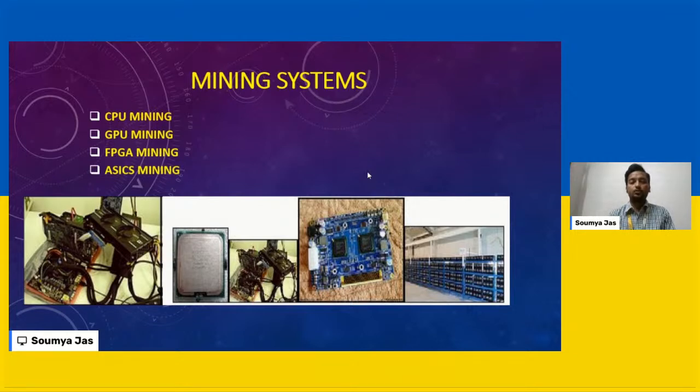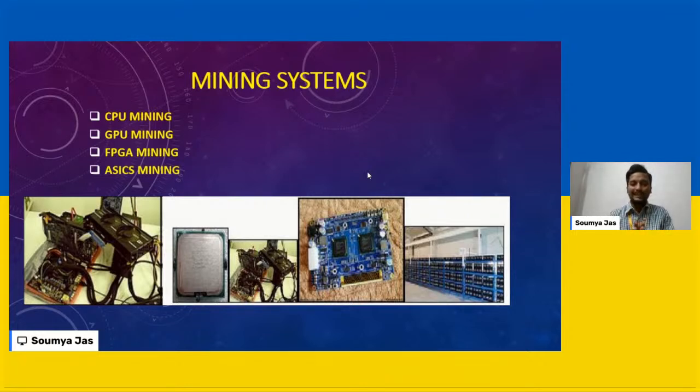bitcoins. CPU mining is no longer used, and now more advanced mining methods such as ASIC based mining and GPU based mining are used. CPU was the first type of mining that miners previously used, and now GPU mining is coming.